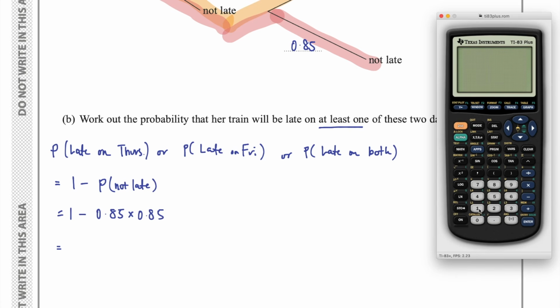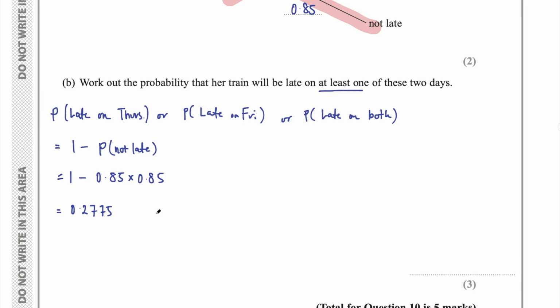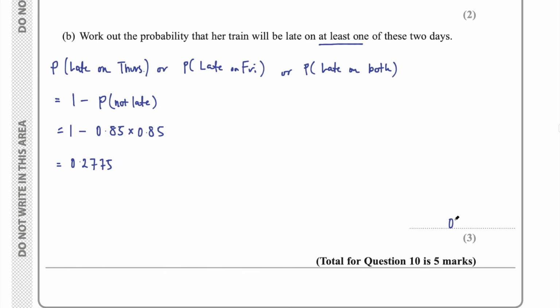So 1 subtract 0.85 times 0.85, and I get 0.2775, and that is my final probability. So final answer there, 0.2775. So about a 30% chance that her train will be late on at least one of these 2 days.